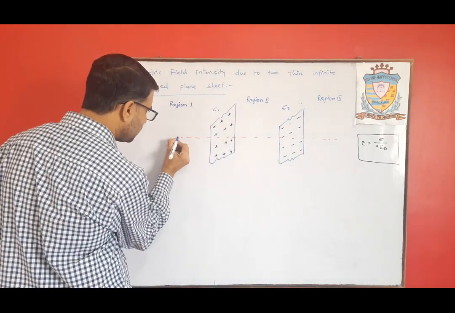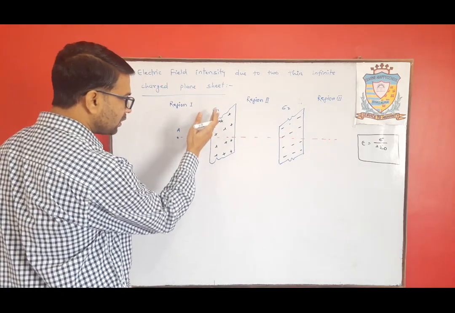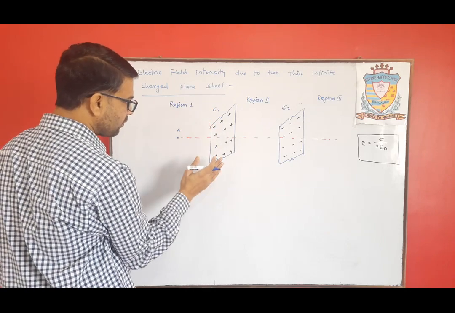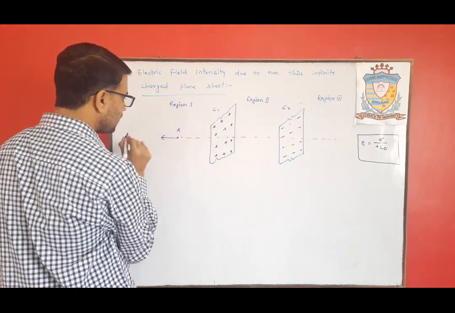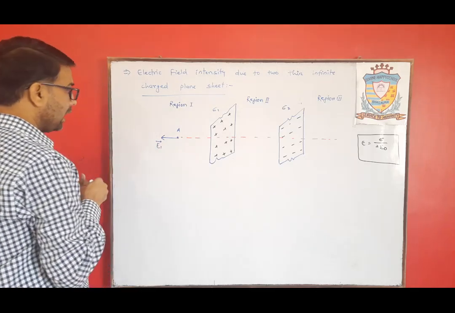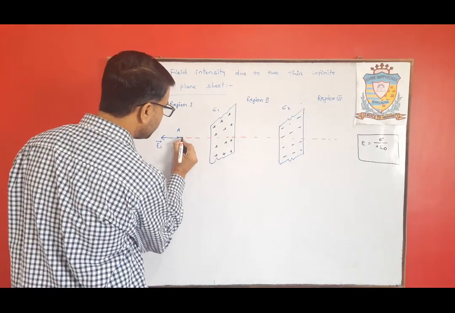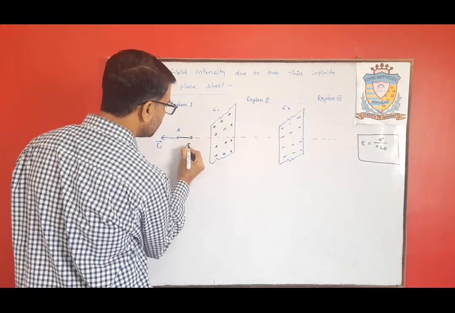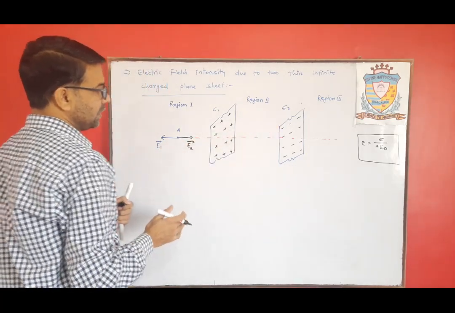So at this point, let this point be E. The electric field intensity due to this charge sheet, plate 1, is outward. That means this is the electric field intensity E1. And what about this one? The electric field intensity due to sheet 2 will be in the direction towards the sheet.